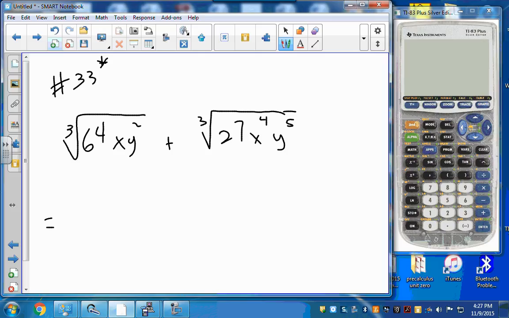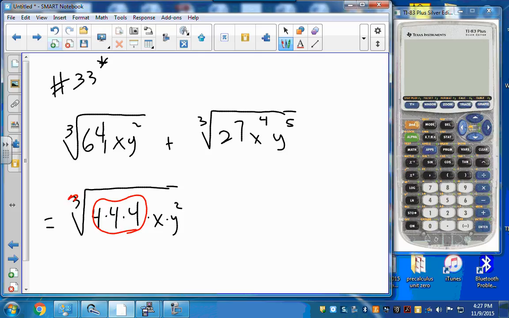so 64. I should, after playing with these long enough, recognize 64 is 4 times 4 times 4. And then I have x times y squared. No other x times y squared. No other quadruples there. Sorry, we're looking for triples. So there's a triple. No other triples.